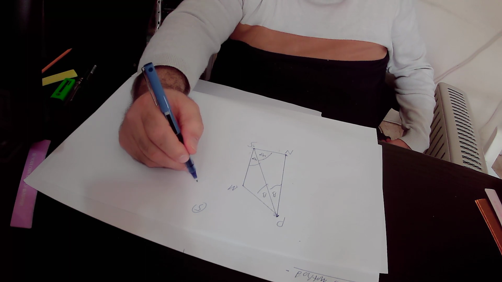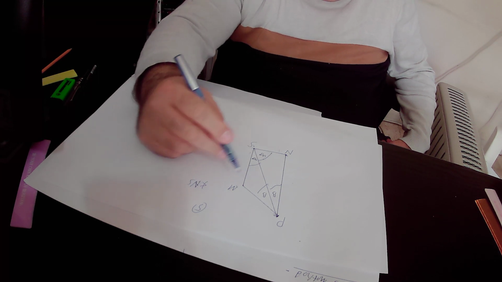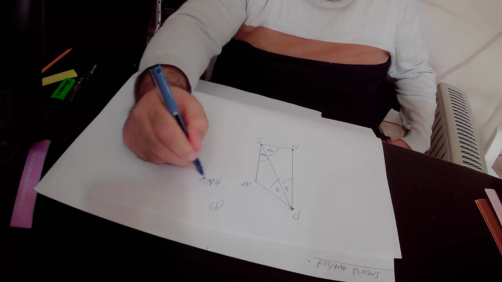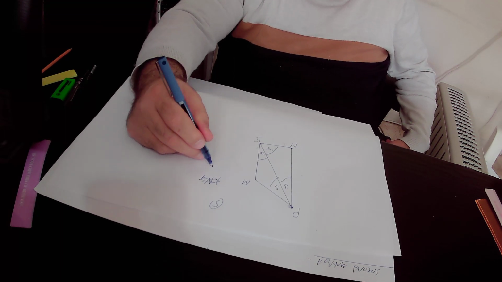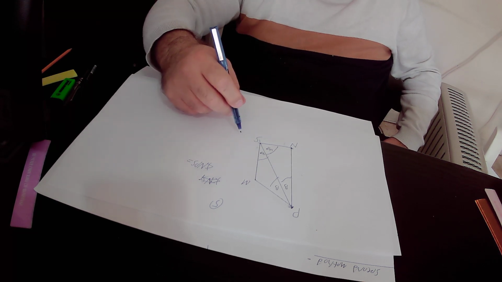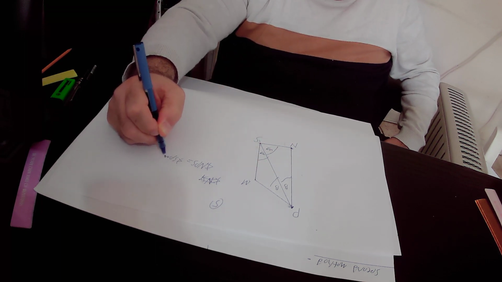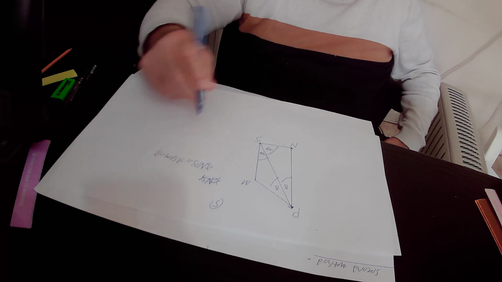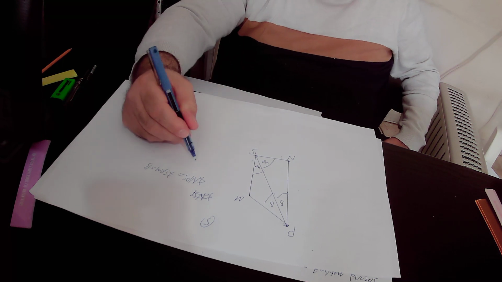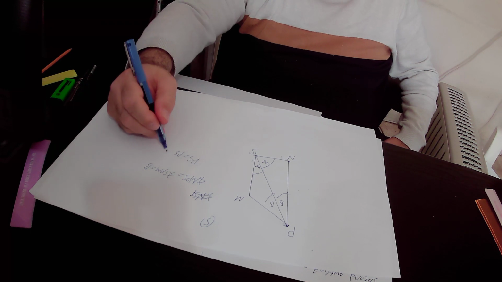Angle NSP, this angle, and it is actually angle NPS, angle NPS equals angle SPM, and they are both equal to beta. Those two angles are both equal to beta. PS is the common side.